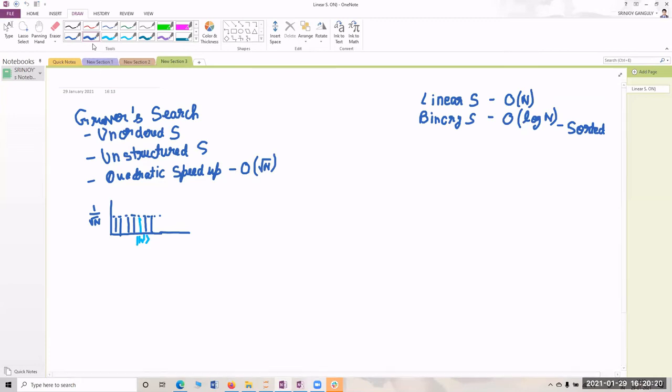So what you do in a simple case, what Grover's oracle does. Grover's algorithm consists of two steps. One is the oracle, plus something known as the diffusion operation.